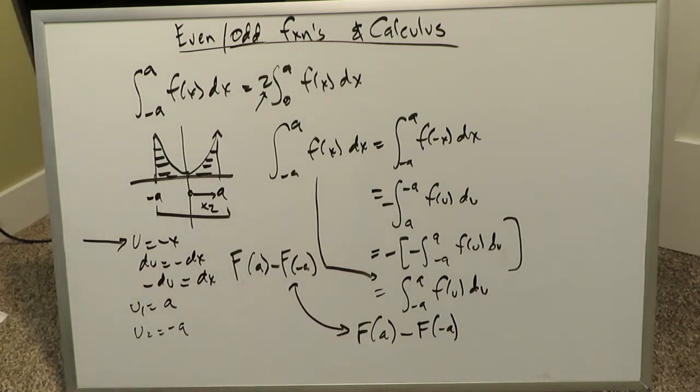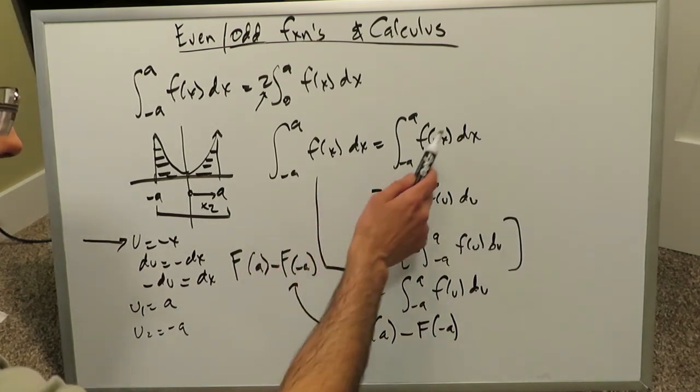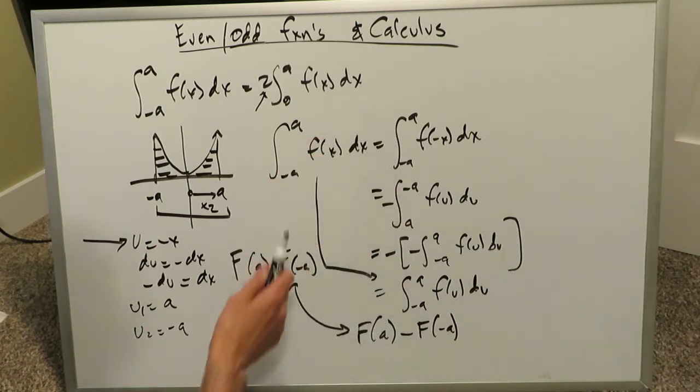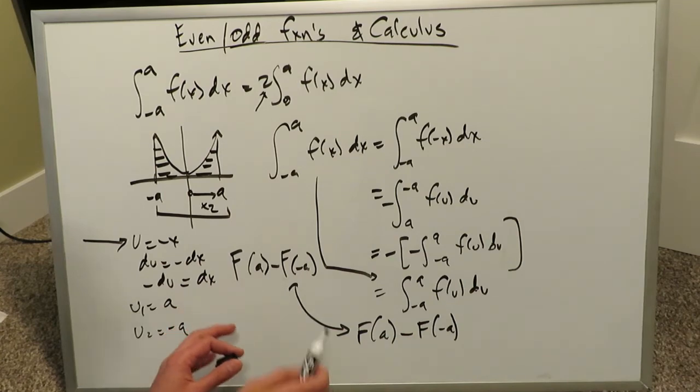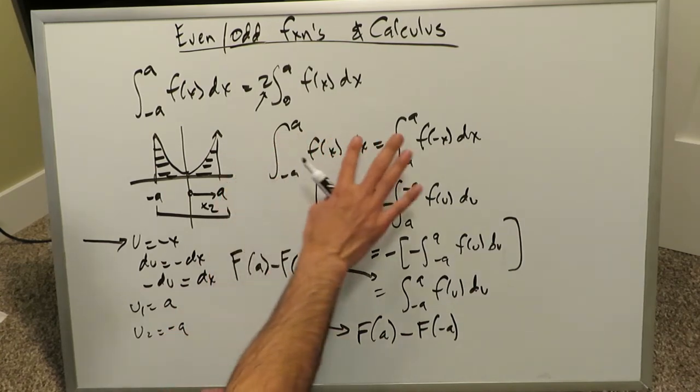And that's the beauty of an even function. f of x is equal to f of minus x, and in all of this regard right here, you could have even just put a 2 outside and a 0 to a, and you'd still get the same result. But I'm just keeping everything here from minus a to a just for this part.